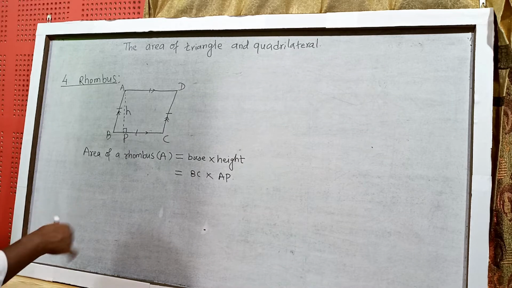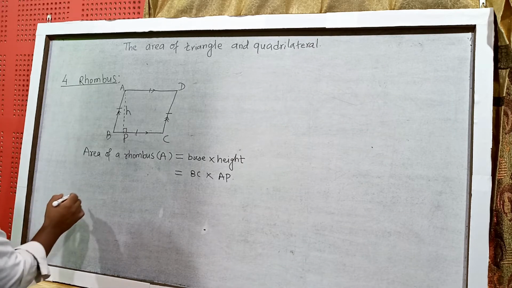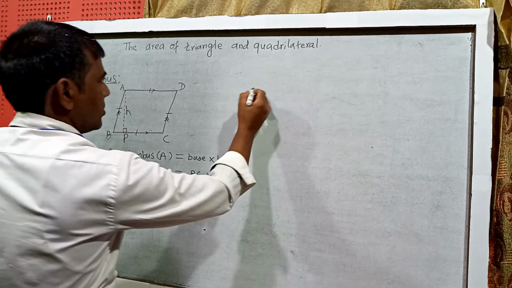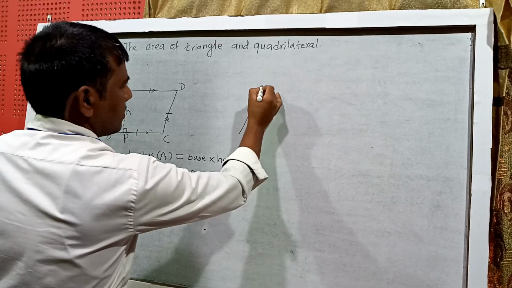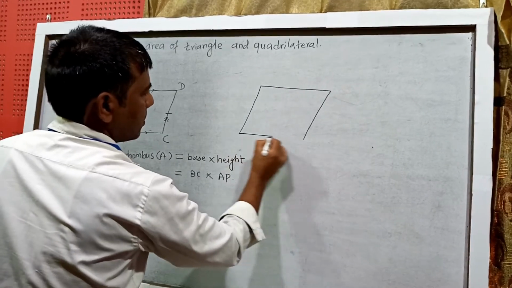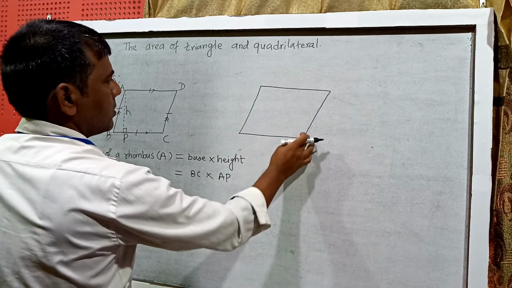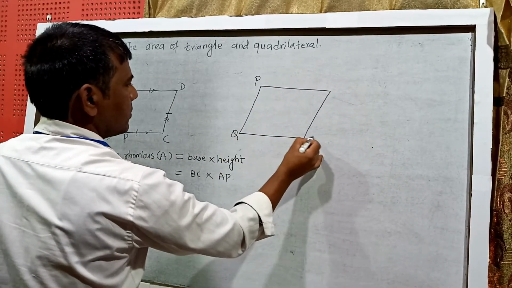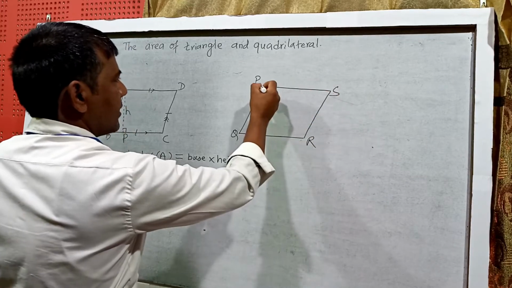And we can also find the area of a rhombus by using its diagonals. Suppose there is a rhombus PQRS and its diagonals are given.